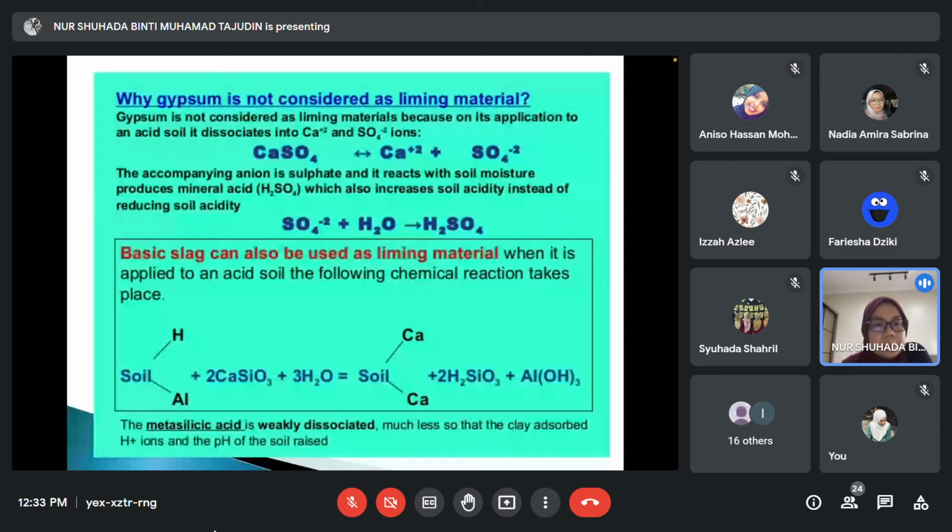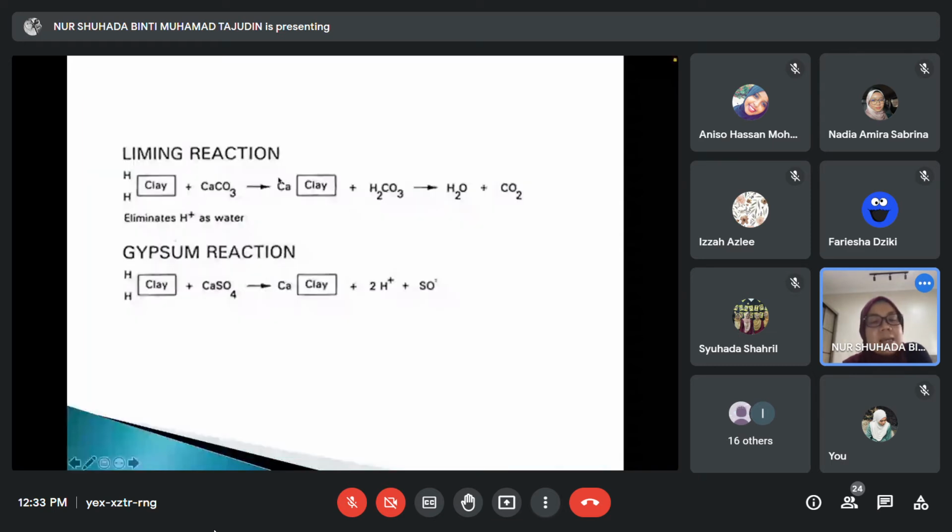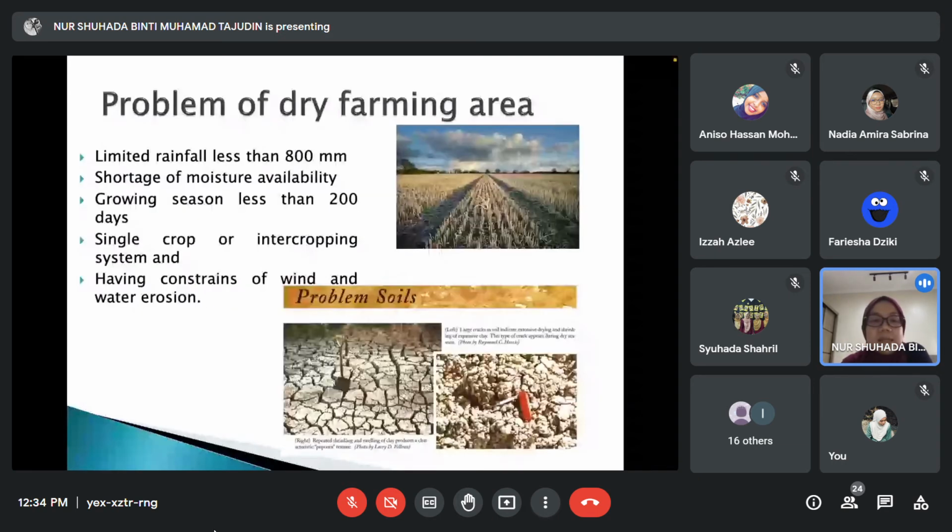If you see here, the most important thing is the calcium will sit at the exchangeable site of clay, while in liming you produce water, meaning that you neutralize the H plus, but in here the H plus is still there.